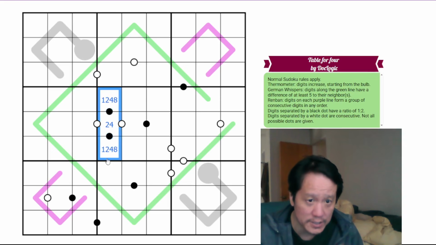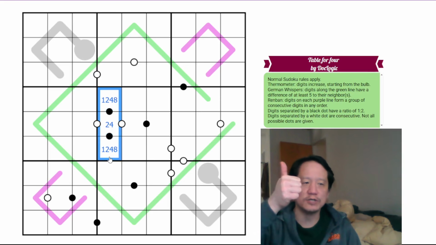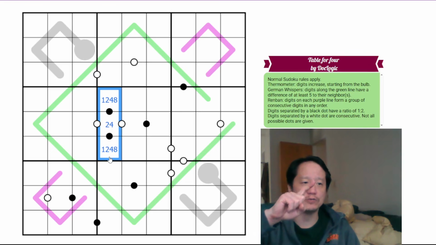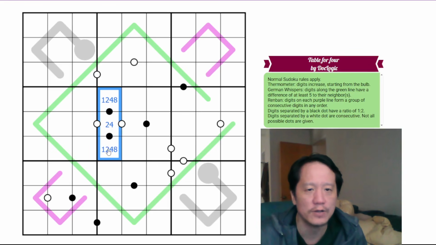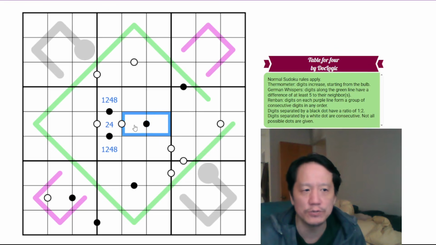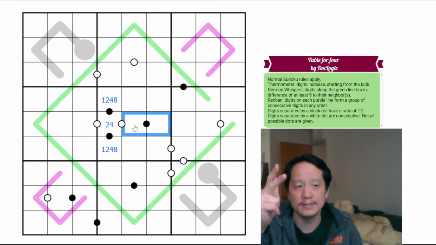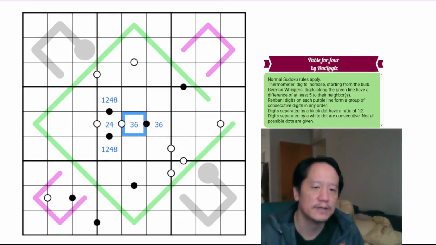We are guaranteed one of these 3 digits is a 2 or 4, right? 2 is in a 1 to 2 ratio with 1 and 4. 4 is in a 1 to 2 ratio with 2 and 8. So you're guaranteed a 2 or a 4 here, which means this 1 to 2 ratio cannot contain 2 and cannot contain 4. Well, that eliminates 1, 2, 2, 4, and 4, 8, which leaves just 3 and 6 remaining.